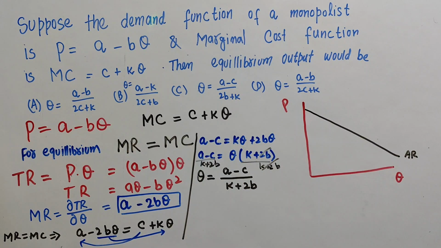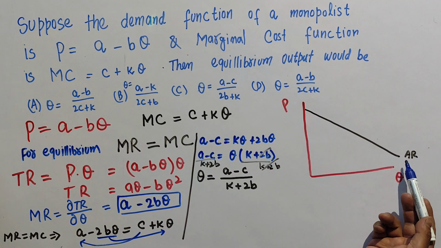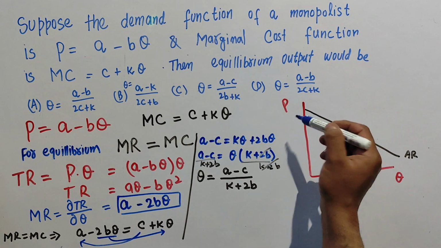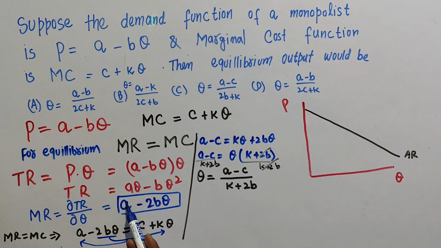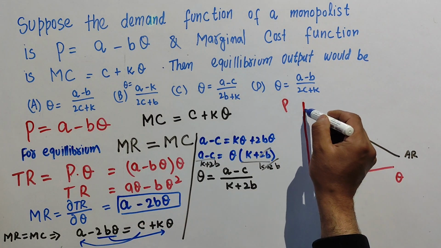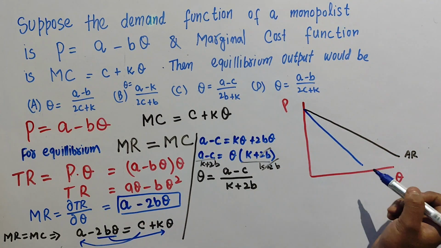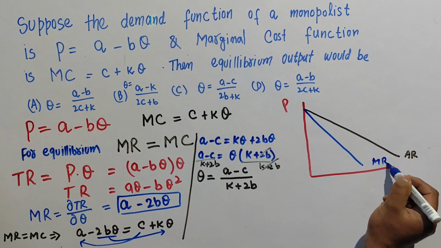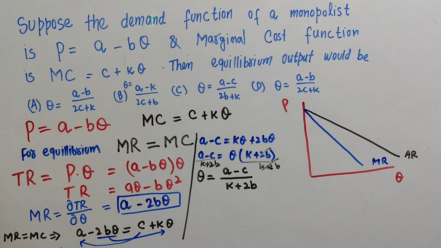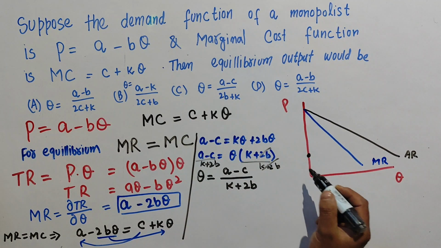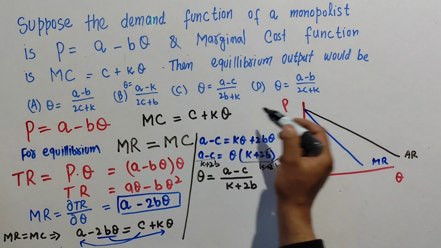Since this is the average revenue function, the marginal revenue function will have the same intercept but twice the slope. So let us suppose this is our marginal revenue function. The marginal cost function has the price intercept C, where C is a positive constant, and it is upward sloping.